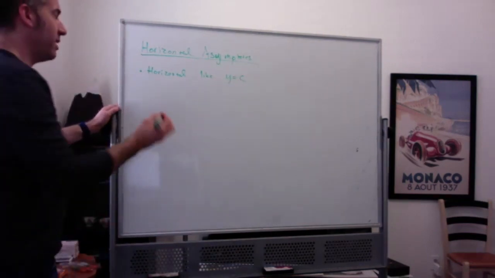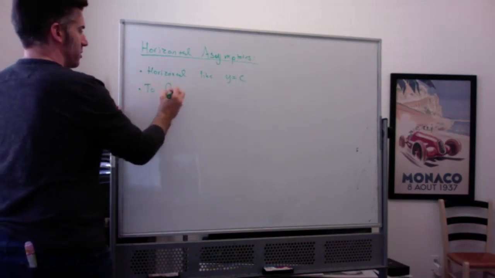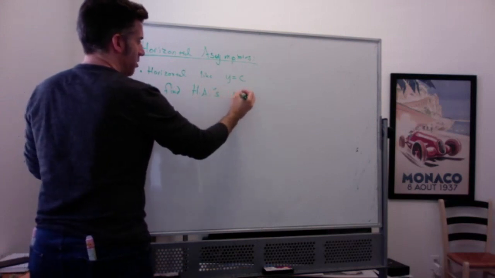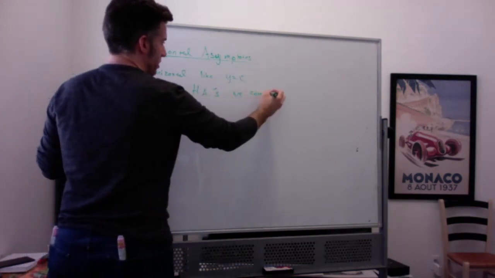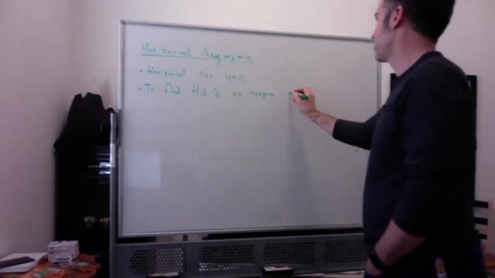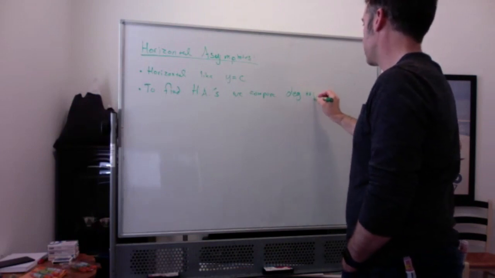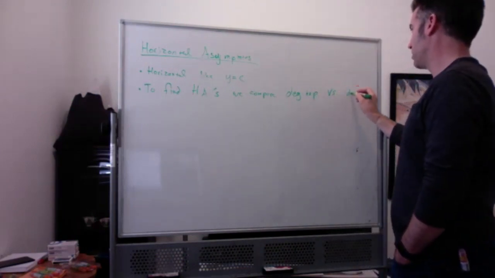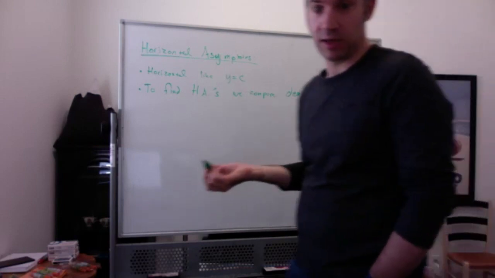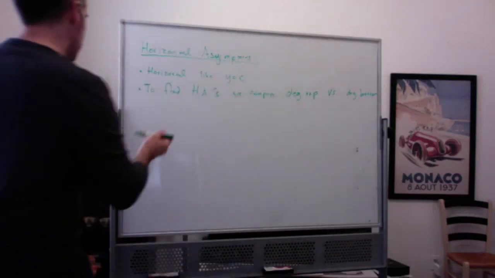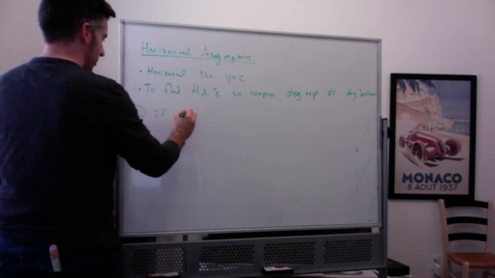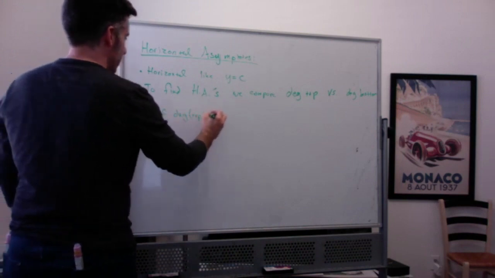And to find them, we compare the degrees of the polynomials on the top and the bottom: the degree of the top versus the degree of the bottom. There are actually 3 separate cases here. The first thing that can happen is if the degrees are the same. So if the degree of the top is equal to the degree of the bottom.